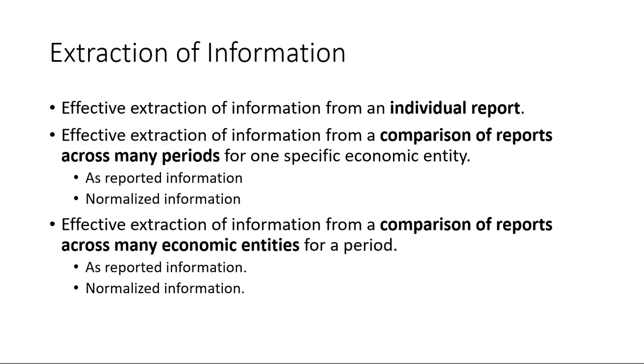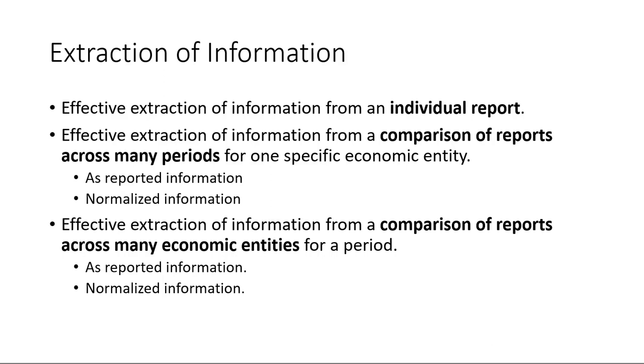So you want to get information out of an individual report. You want to be able to do a comparison between periods, a period comparison, and you want to be able to do a comparison across economic entities.